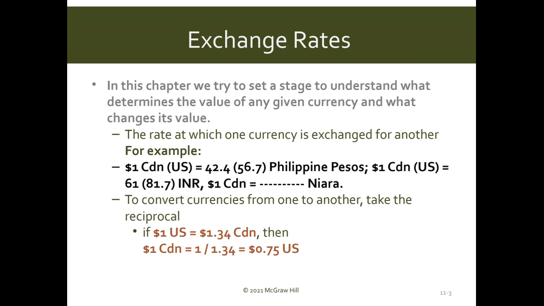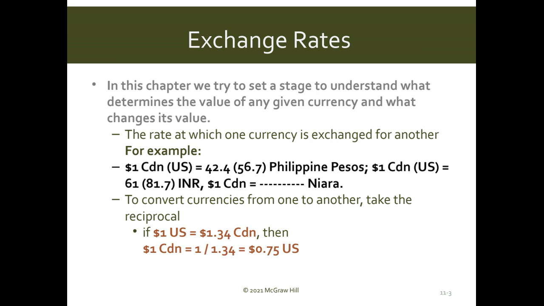indicate the true value or worth of the currency, because it is determined by the demand and supply of foreign currencies only. For example, if I say that 1 Canadian dollar equals 61.3, so let's stick to 61 Indian rupees, it does not mean that the goods and services that you can buy using 61 Indian rupees in India are exactly equal to goods and services that you can buy in Canada for only 1 Canadian dollar.